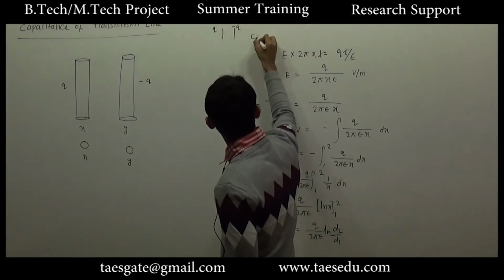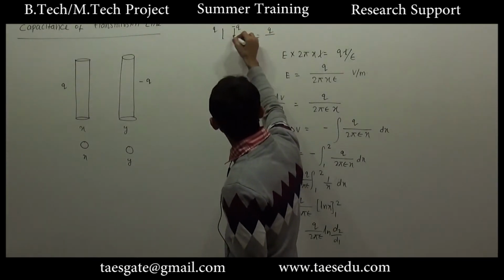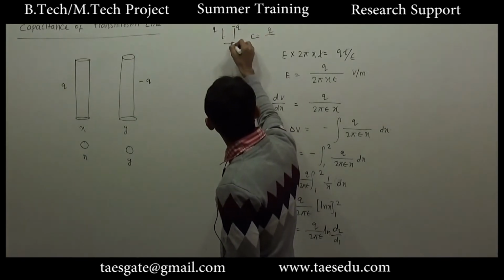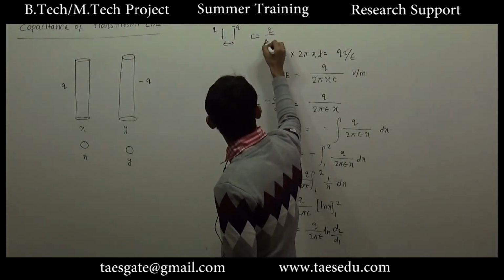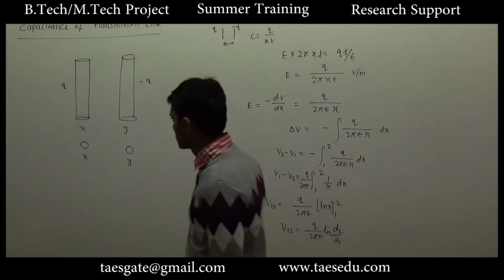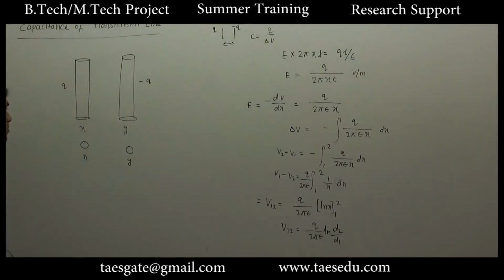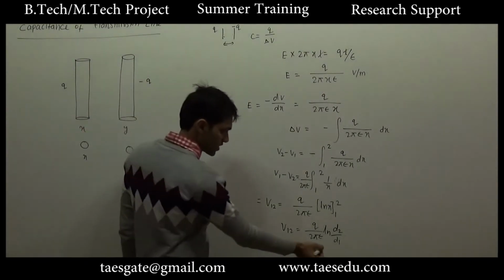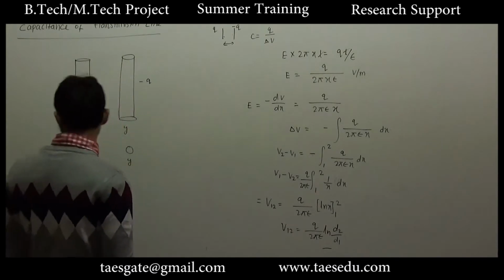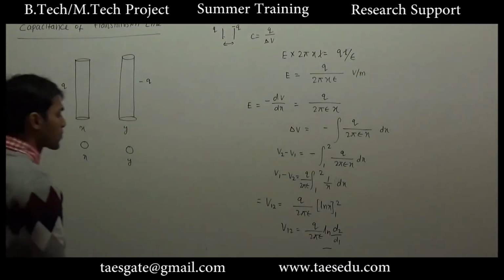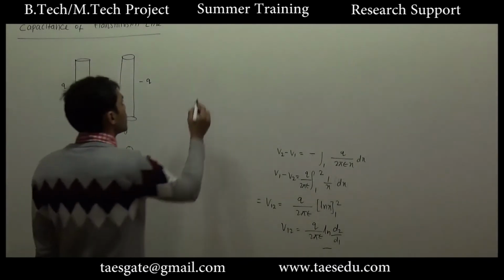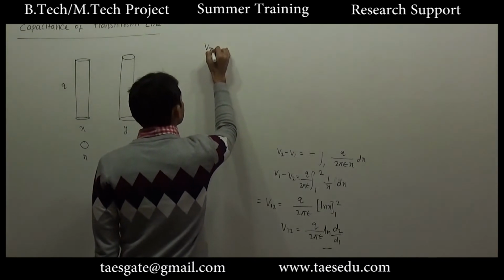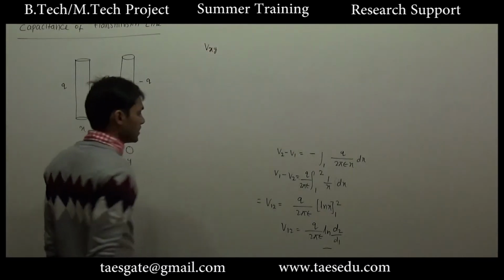So the capacitance will be q divided by the voltage difference between the two conductors. All we have to do is find out the voltage difference between the two conductors, and for finding it out we will apply this formula. Let's say we have to find out the voltage difference between x and y.